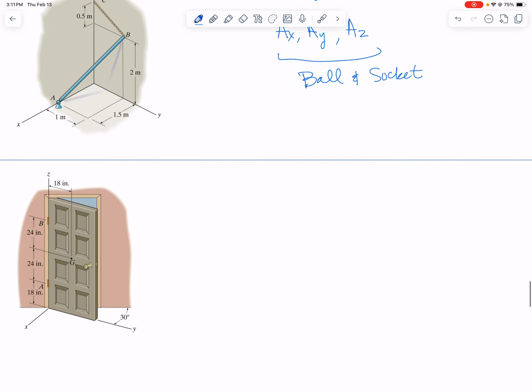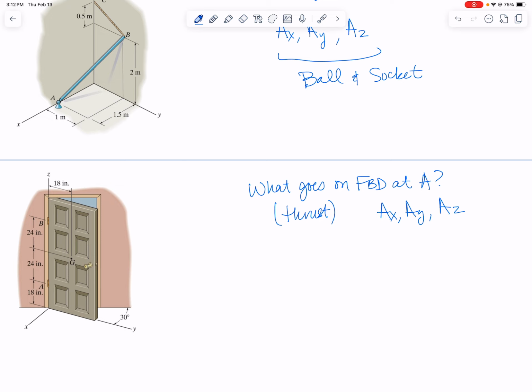How about this one? What goes on the free body diagram at the hinge at A? We do need to know whether or not it can support axial thrust. Is it basically like a journal bearing or a thrust bearing? So let's assume it's a thrust bearing or a thrust hinge. In that case, because we've got a pair of hinges, we're not going to put any reaction moments on either of those hinges. But if it supports thrust, then you're going to have an AX, AY, and AZ.